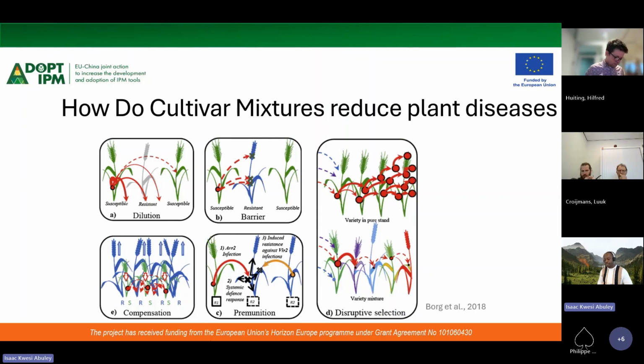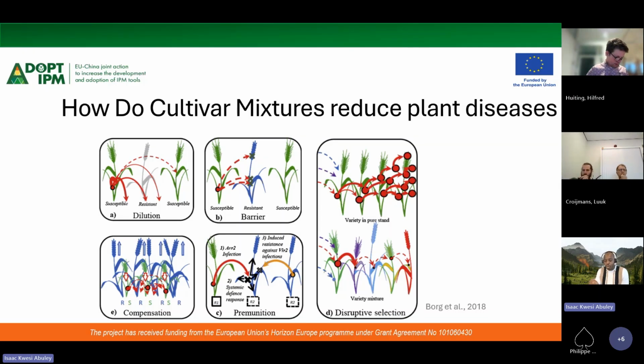There's another one called disruptive selection. In disruptive selection, because the profiles of resistance in the mixture are not the same, you don't have the possibility of the pathogen evolving to become either more virulent or more resistant to a fungicide or something else. If you have a monoculture with homogeneity, a pathogen will be able to evolve because they have the same substrate.